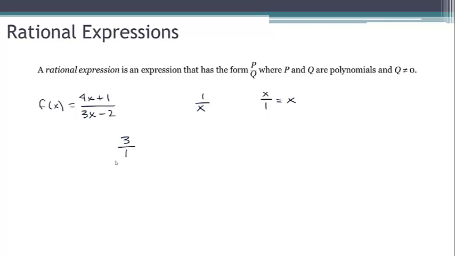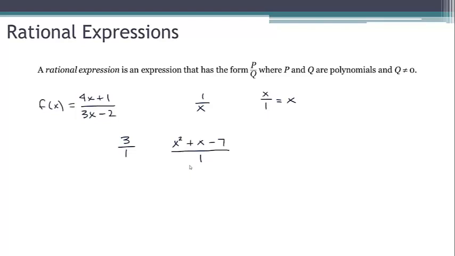You know, we sometimes really do that. For example, if we're trying to add it to another fraction and we need to give them a common denominator, just by the same argument, we can take any polynomial and make it meet this definition by putting it over 1.